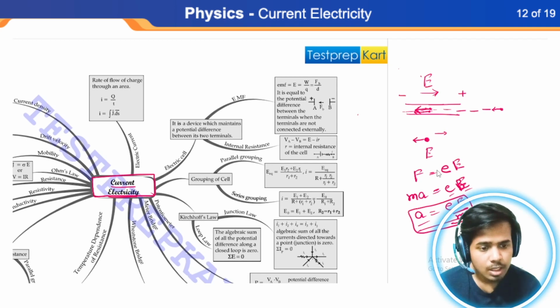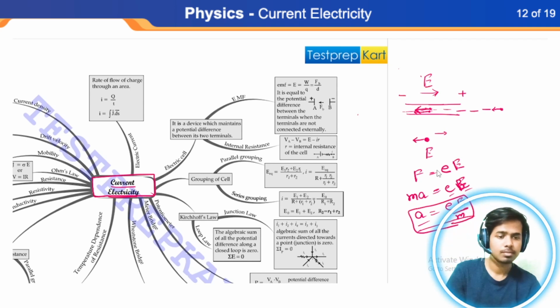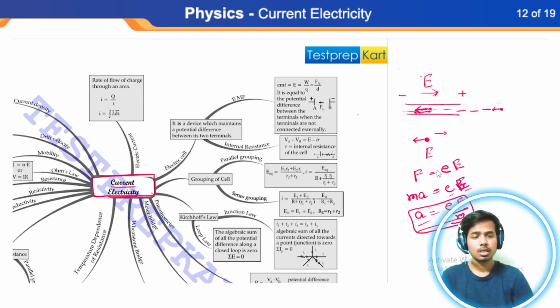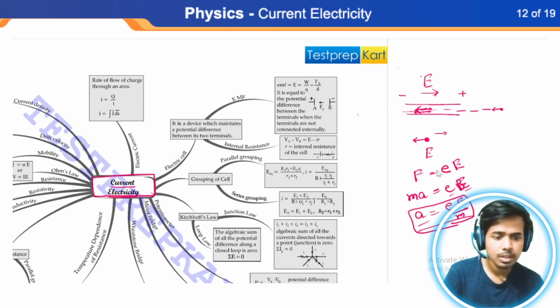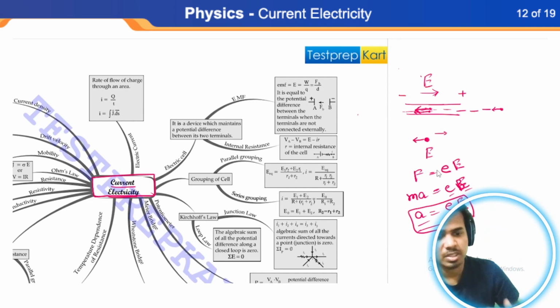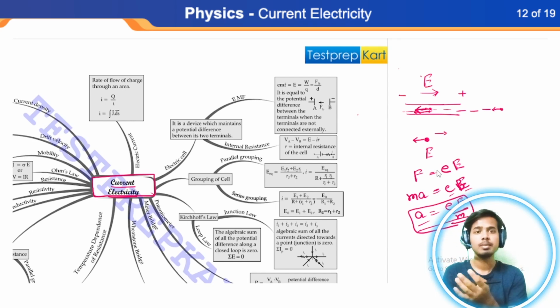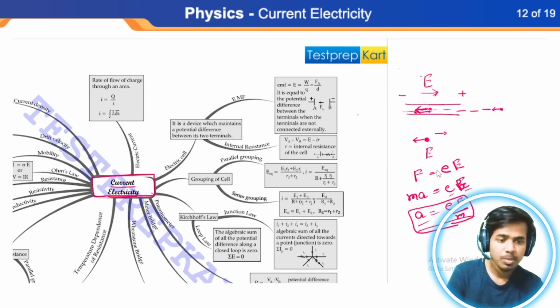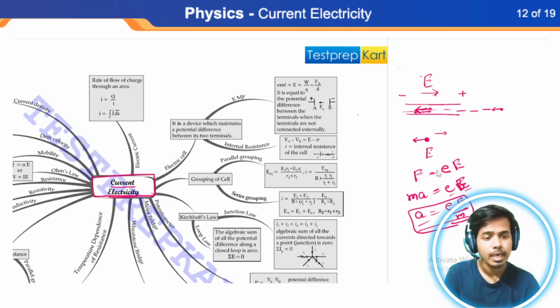Of course, but that is not how it happens. Otherwise, we'll encounter a failed circuit, right? Some portions may be more heated, some portions may be less heated. That may be the case, but वैसा कुछ होता नहीं है, क्योंकि इलेक्ट्रॉन्स एक कांस्टेंट वेलोसिटी से मूव करते हैं.